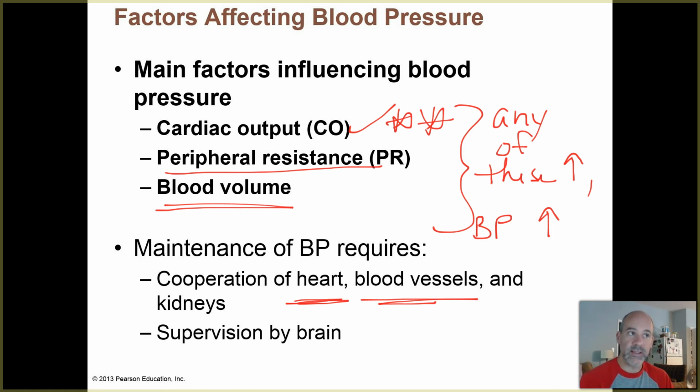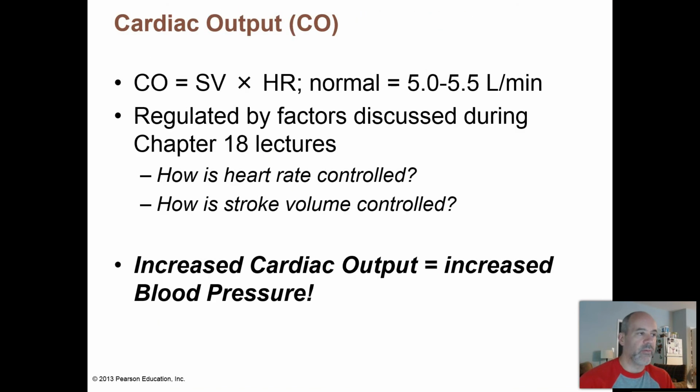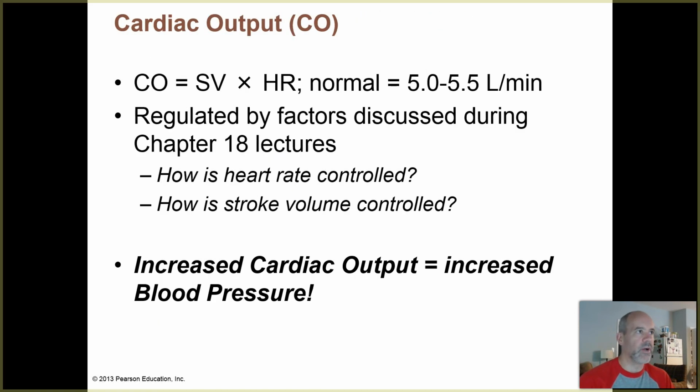That's going to increase the resistance to blood flow. Finally, your kidneys. Your kidneys play a super important role in helping you maintain proper blood pressure homeostasis as well. And we'll also see the brain has structures in it that help supervise and control your blood pressure.